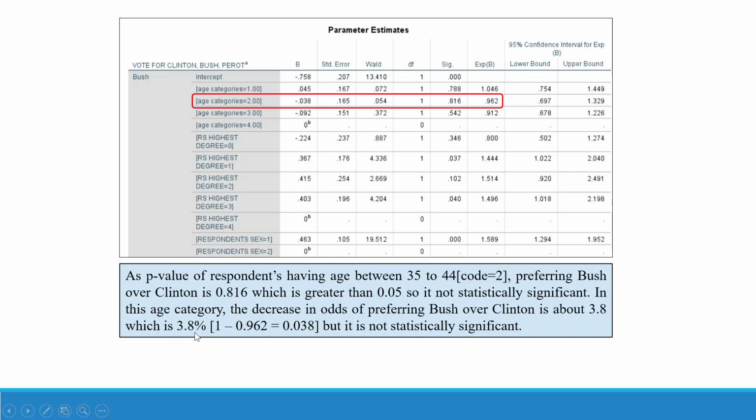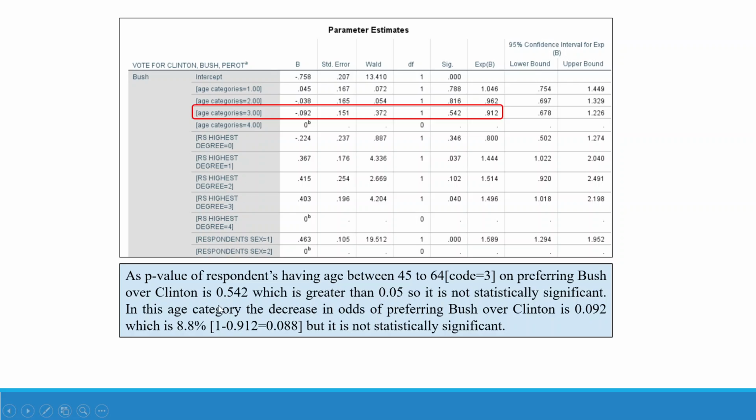How did I get this number? 1 minus 0.962, so it is 0.038, but it is not statistically significant. One simple thing which you have to remember is, if this is positive, it is an increase in odds for Bush, and if it is negative, it is a decrease in odds.